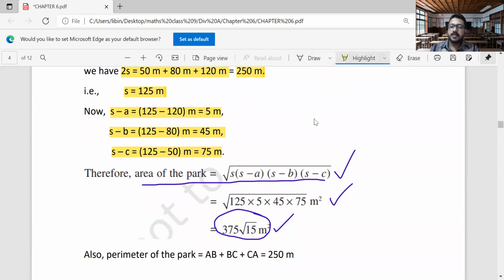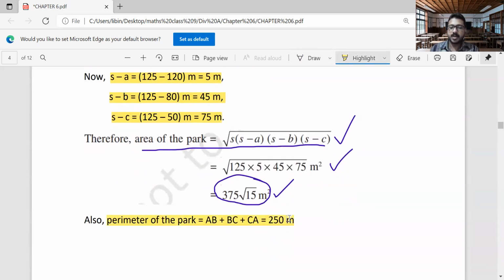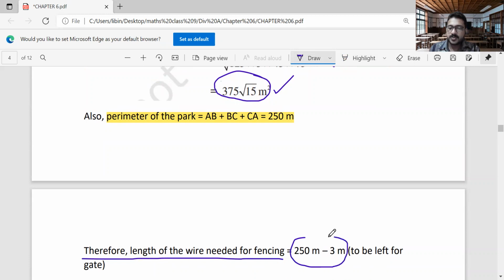Now, as we have seen here, the perimeter of the park is 250 meter. But one important point: many students think this is a very easy question, so they will solve it, but they will neglect one thing. See this part. Therefore, the length of the wire needed for fencing this part is 250 meter minus 3 meter.